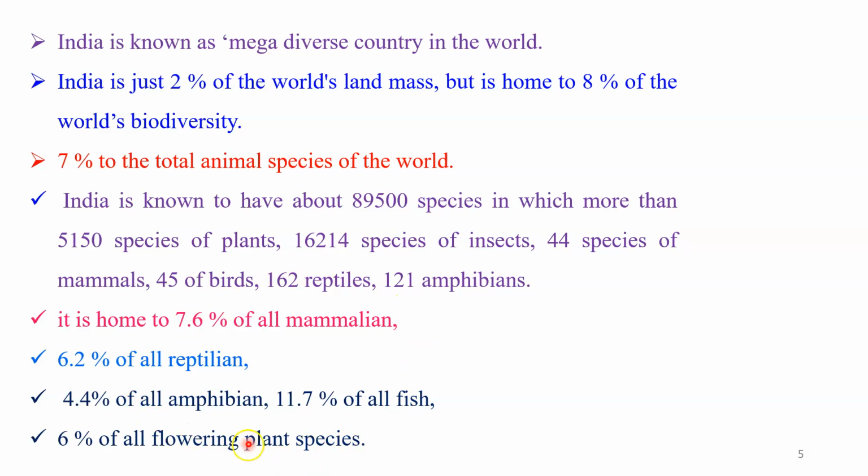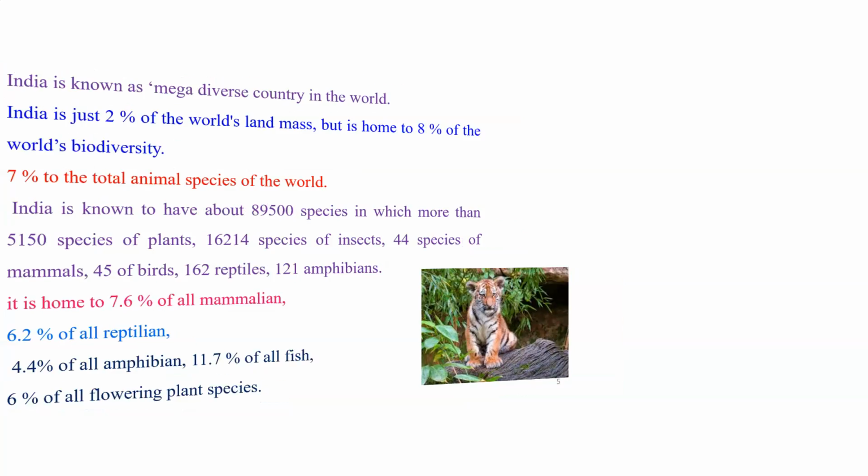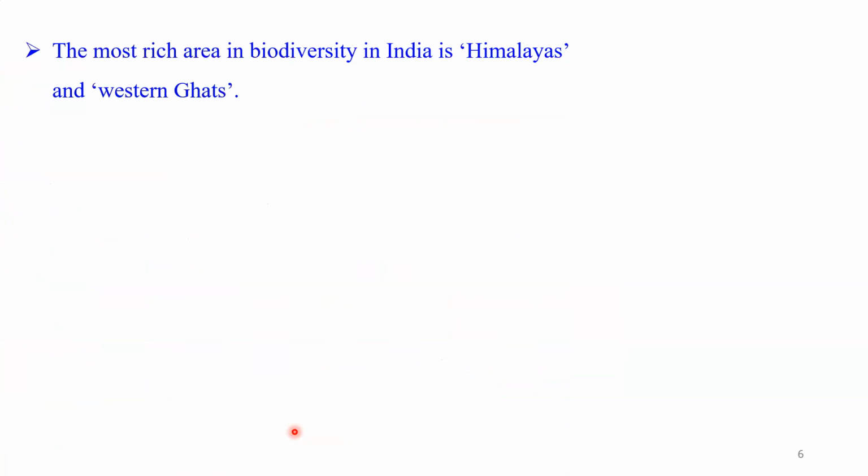So these statistics indicate that India has very good biodiversity with respect to the world, and therefore we have to conserve it. But unfortunately, we are not able to conserve all this biodiversity at a good level.